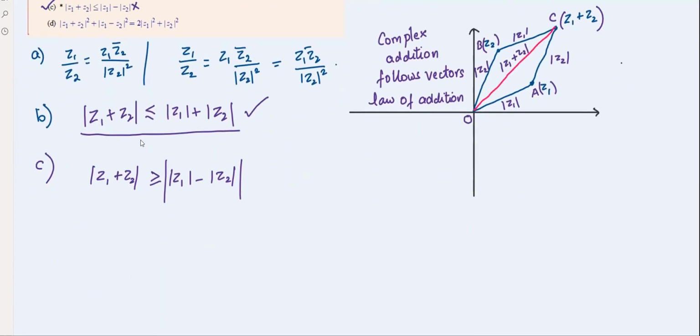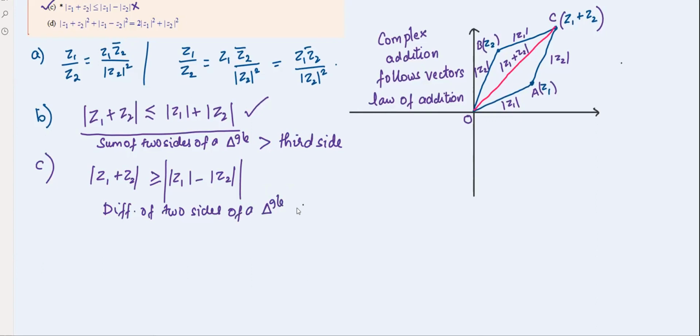Because here the sum of two sides of a triangle is greater than the third side. And here the difference of two sides of a triangle is less than the third side. So these are properties of triangles basically. And then the last one we will see whether it is true or not.